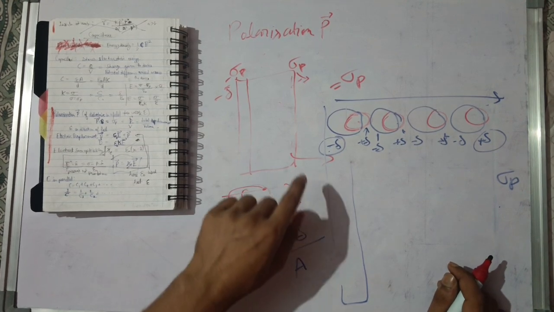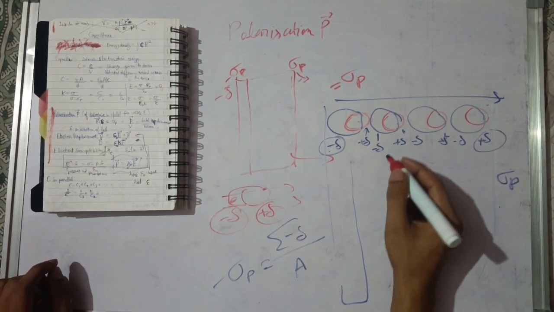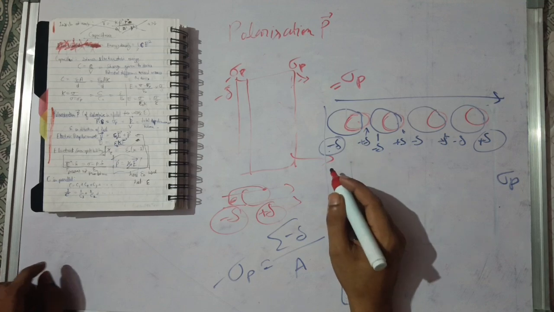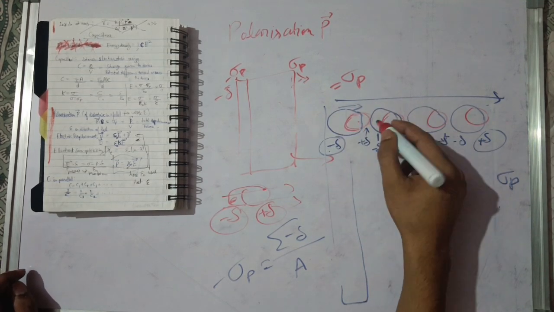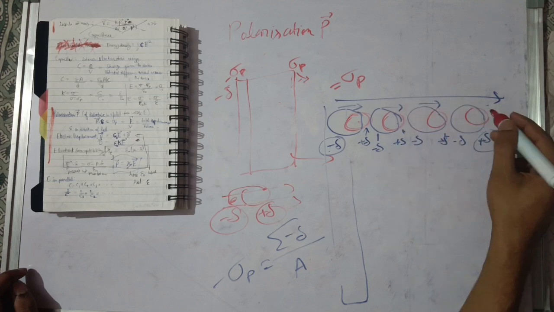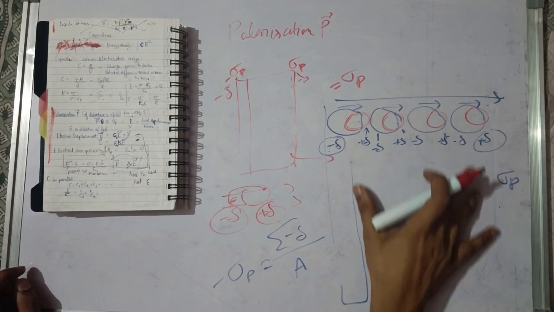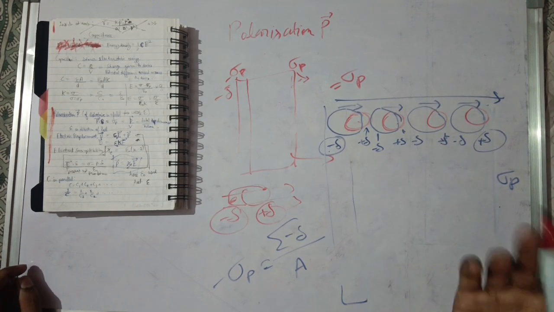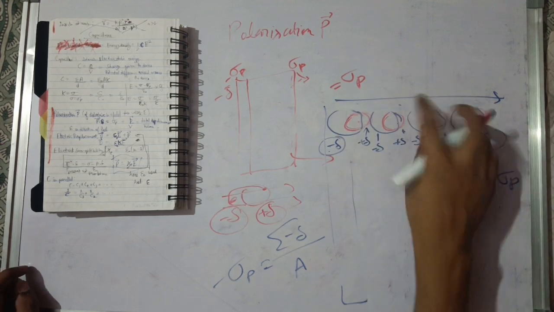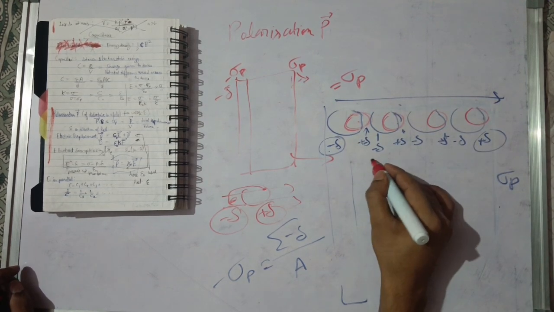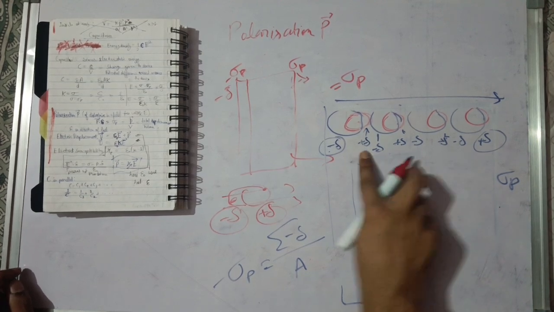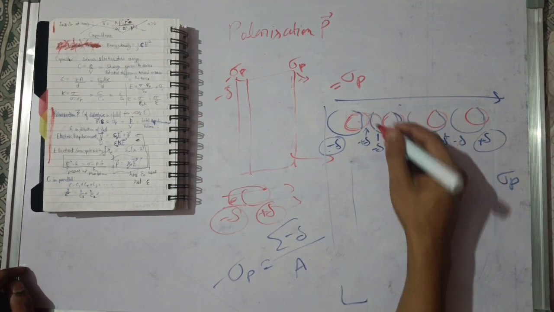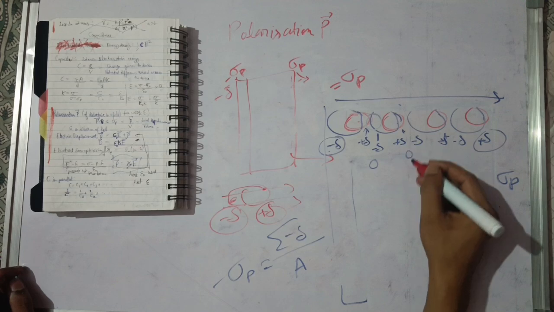Now there are all these charge pairs. We can say that this is a dipole moment, this is a dipole moment, and so on. We can add the dipole moments, but this dipole moment points in this direction, and this points in this direction, and these two are at almost zero distance from each other.